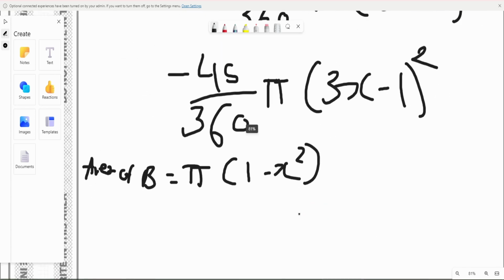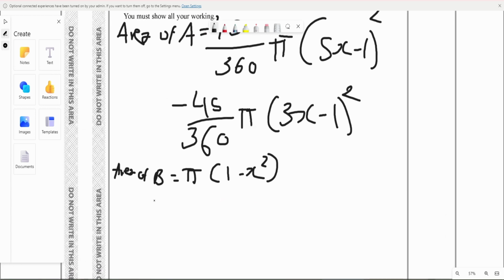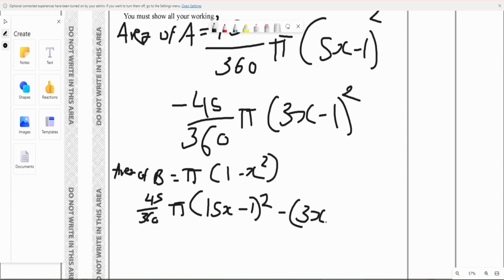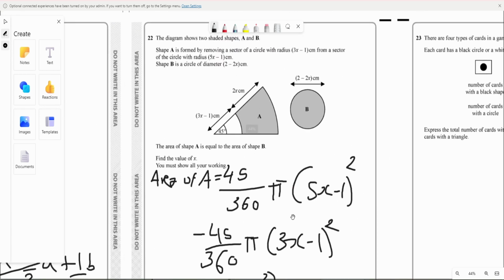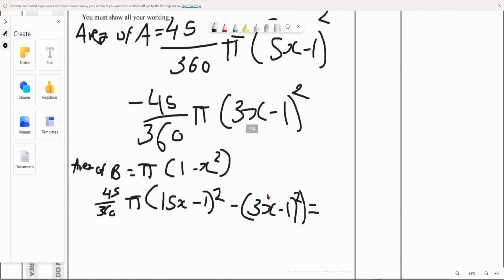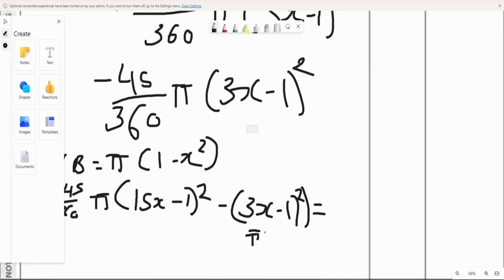So we're going to get 45 degrees divided by 360 times pi times 5x minus 1 squared minus 3x minus 1 squared, and this is equal to the area of B, which is pi times 1 minus x squared.